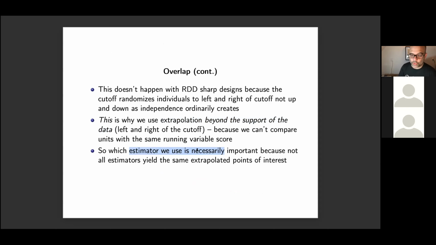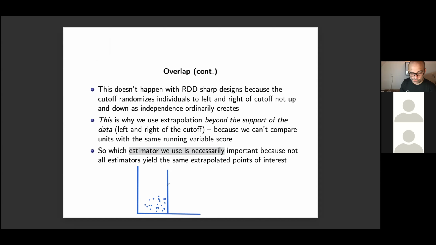But it's going to depend crucially on which estimator we use, because some estimators might do this. So you might have something like this right here.